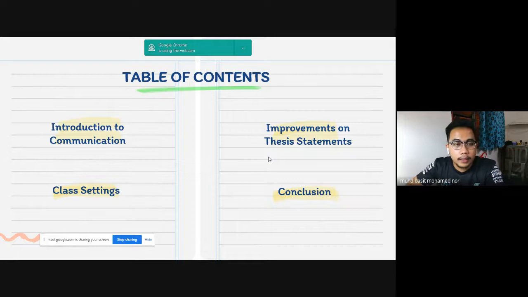Then I will go through the class settings, which is what type of class I teach in my communication framework, then the improvements on the thesis statements, the improvements that I made from my previous framework, and the last one is the conclusion.